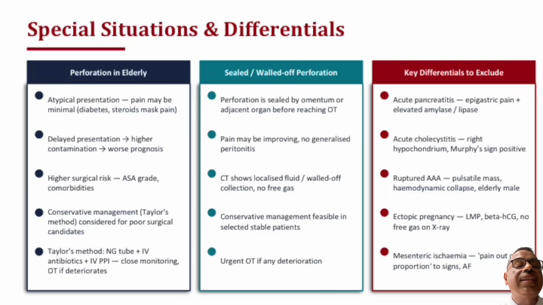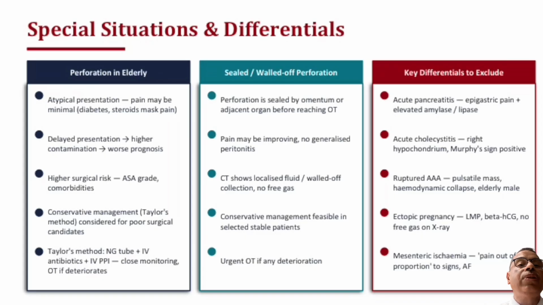In such cases, if the patient is stable and not showing any signs of deterioration, conservative management may be used under close observation. Immediately shift the patient to the operation theatre if there are any signs or symptoms of deterioration.